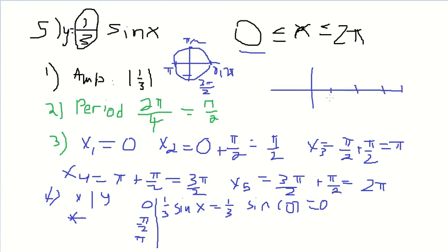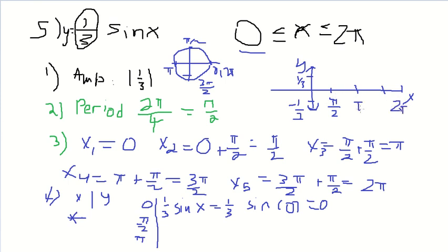All right, so you got pi over 2. So these are your x values. This is x, this is y. The y is going to be amplitude, which is 1/3, and then negative 1/3. This is 2 pi over here.